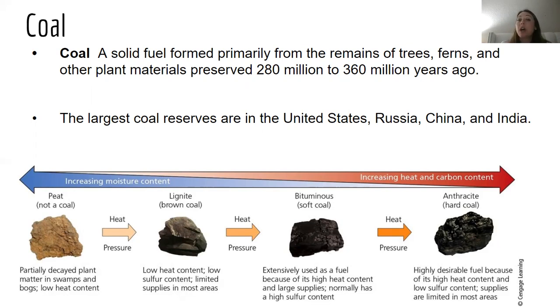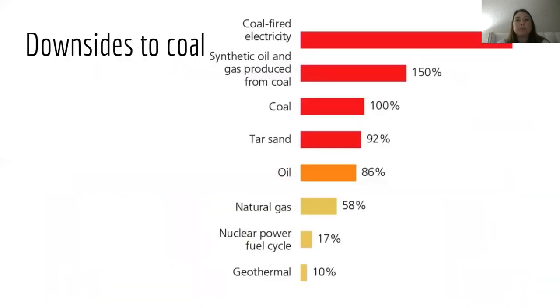China probably burns a lot of bituminous, but the United States does not. Anthracite is not really super prevalent. It's pretty expensive, and it's not really worth it to burn for electricity because it's so compressed. So we really burn bituminous in China, and then subbituminous, which is not on the screen, but falls between bituminous and anthracite, in the United States.